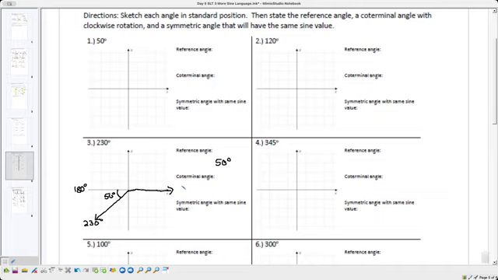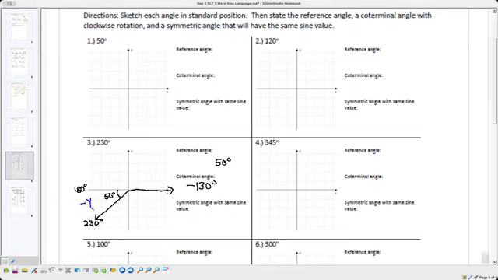Coterminal angle with a clockwise rotation, so that means a negative angle. And so if this is 50, we could go negative 130. Okay. Now, the symmetric angle with the same sine value, that's kind of in my way. My reference angle is 50 degrees.